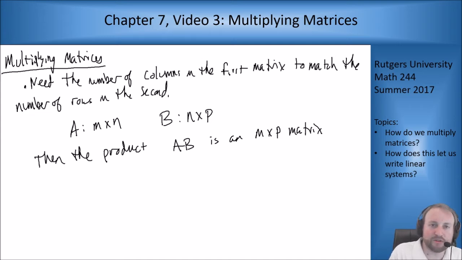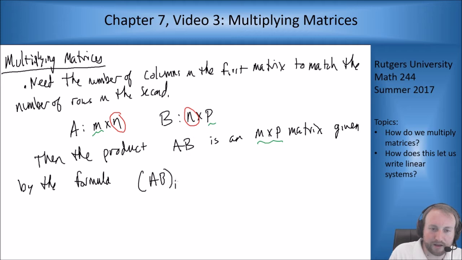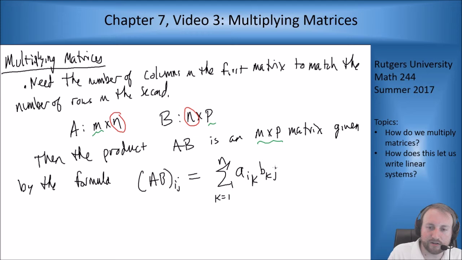So what you do is you say, okay, I need the number of columns here to match the number of rows here, and then what's left over, M times P, is the size of my product matrix, given by the formula (AB)_ij. I'm going to write the formal formula, and then we'll talk about what it means and how you actually compute this on your own. It is the sum from k equals 1 to n of A_ik times B_kj.